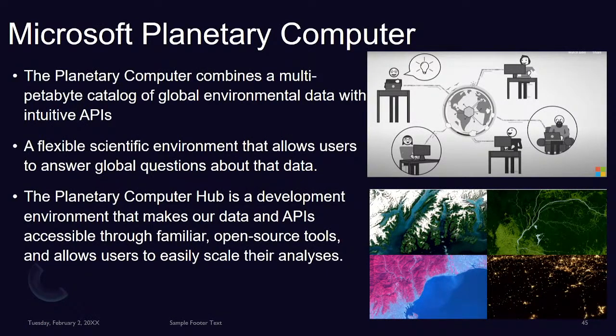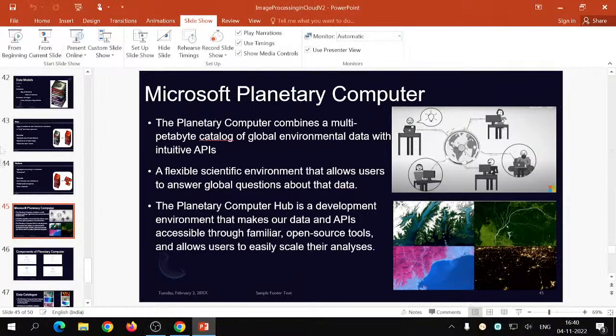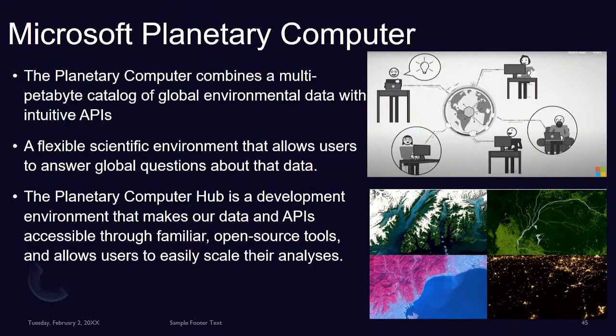Then the second platform I will talk about is Microsoft Planetary Computer. Microsoft Planetary Computer is another platform available for geospatial data processing on the cloud. This is also similar to Google Earth Engine.